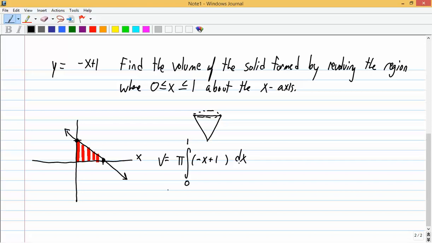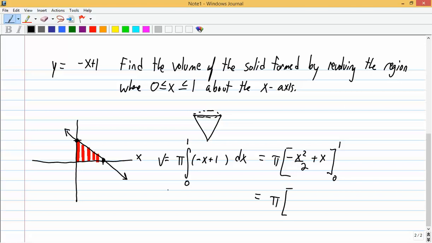So this will give us the volume of the figure that we would get if we revolved the area under this curve about the x-axis. Okay. So that's negative x squared over 2. I'm going to put the pi on the outside. And then negative x squared over 2 plus x, and we're evaluating it from 0 to 1.